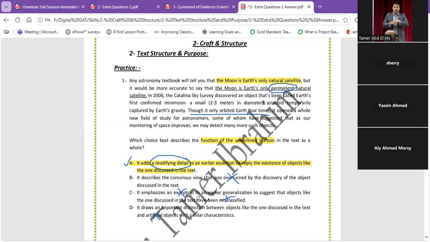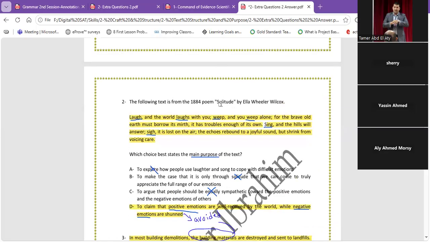To suggest that objects like the one discussed in the text have been misclassified, we didn't make any kind of misclassification. The last one, it draws an important distinction between objects like the one discussed in the text and artificial objects with similar characteristics. Here maybe a distinction, but he doesn't talk about artificial objects at all. All of them are natural. So the answer is A.